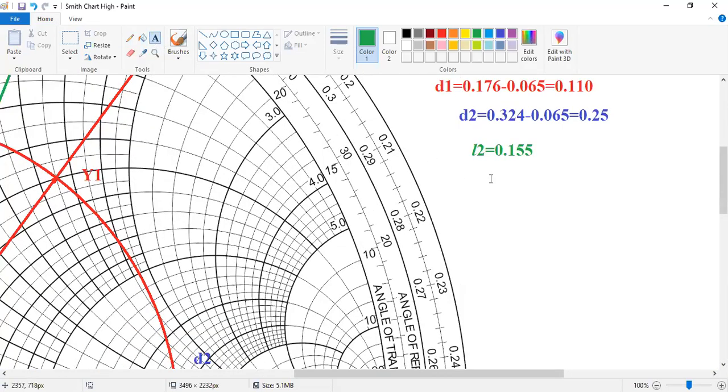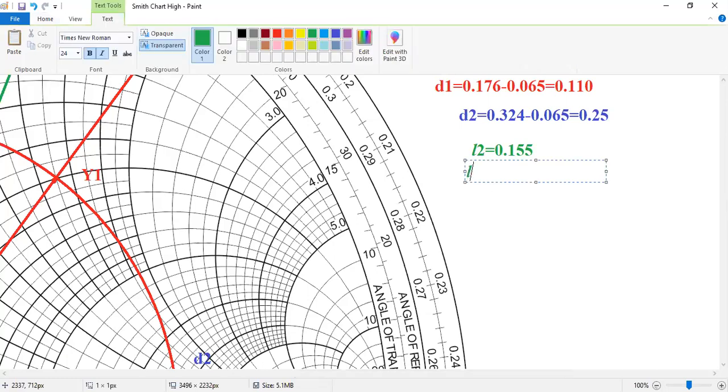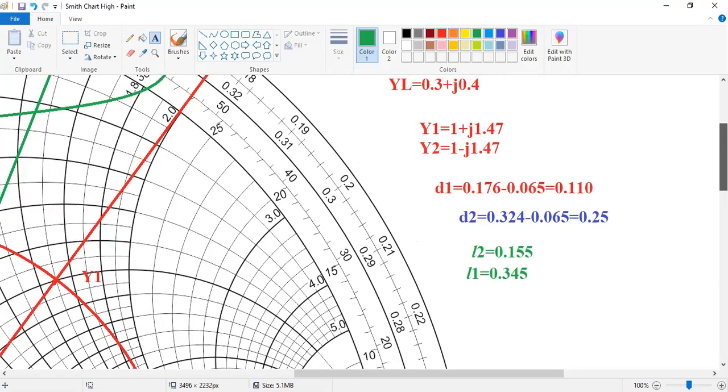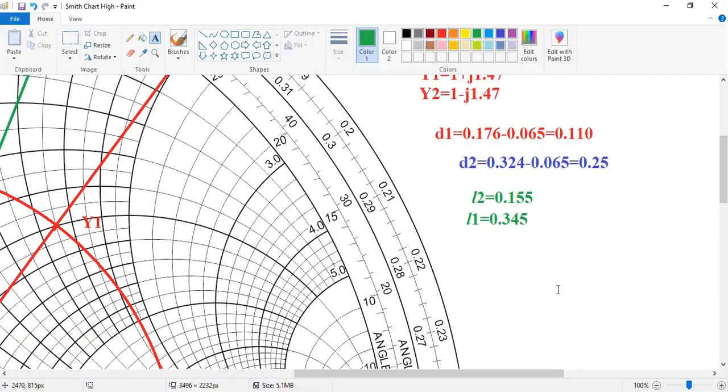L1 equals 0.345 lambda. So you got all the values. You got L1, L2, you got D1, D2. So this problem is solved. And now you can calculate this value in terms of centimeter by putting the frequency, whatever the frequency is given, it is 3 gigahertz.